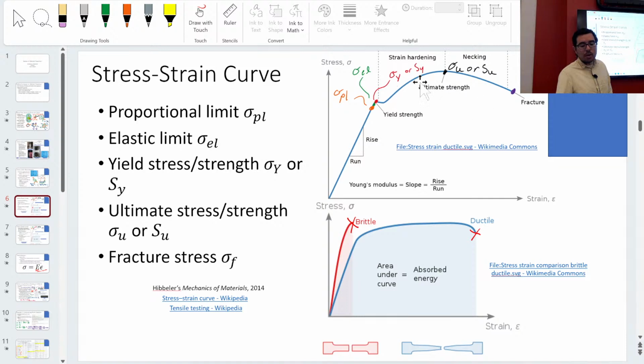The ultimate strength is the maximum stress the material can handle. For steels, we end up using this value some as well. It can be SU or sigma U. We use that a lot when we're talking about fatigue, actually, for some approximations. And then fracture stress is the stress when the thing breaks. Sometimes you might design for this, but usually you're designing to be less than the yield strength.